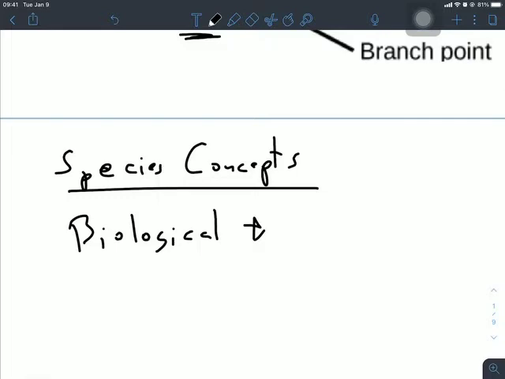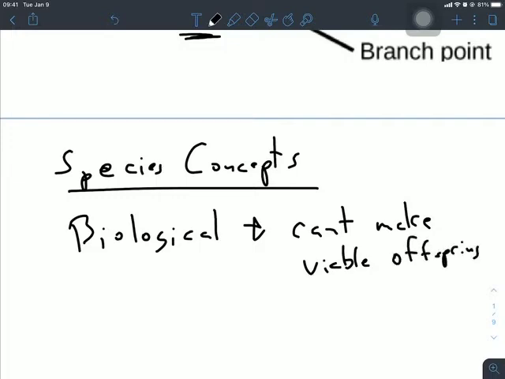In the biological species concept, we consider two different species when they can't make viable offspring together. If they can't make babies that can then go on to make babies, the biological species concept separates them into two different taxa, into two different groups.